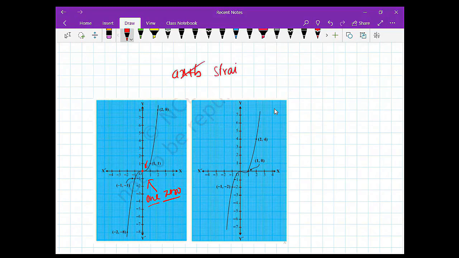If it is a straight line, then we can say it is a linear polynomial, but here it is not. And this is not a quadratic polynomial, because there is no parabola. If it were a parabola, we could say it is a quadratic polynomial curve. So automatically this curve is a cubic polynomial curve, but with only one zero.